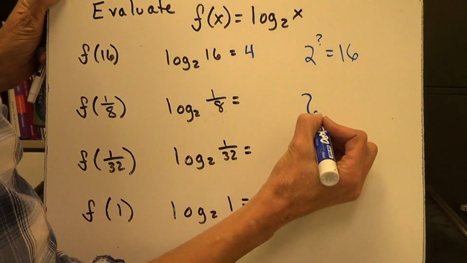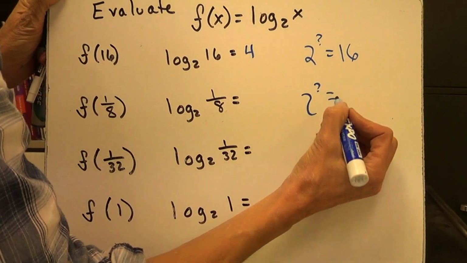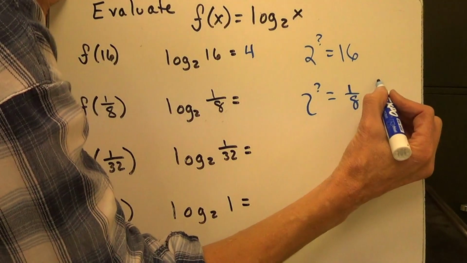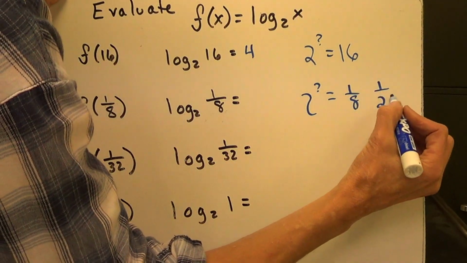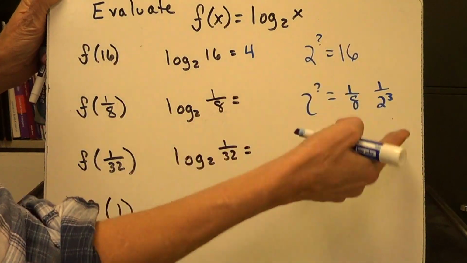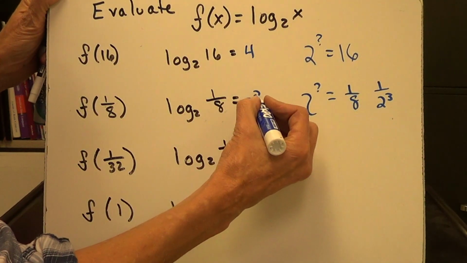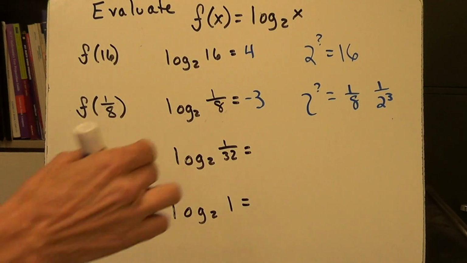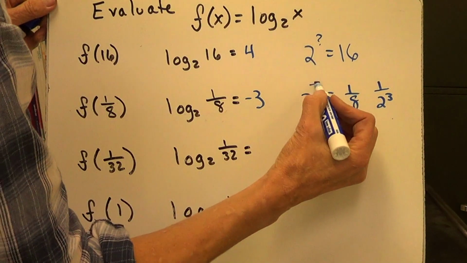Now, 2 to what power equals 1/8? This one might be harder to count out. I might have to go, oh, that's 1 over 2 cubed. In order to flip it down there, I need a negative exponent. Okay? In order to flip it to the other side, so it's 2 to the negative third equals 1/8.